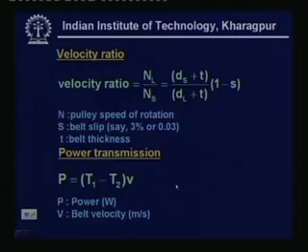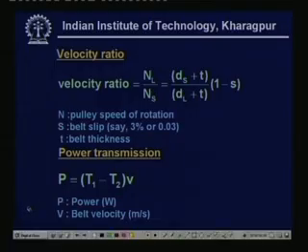Now, another two important situations that come into the picture are velocity ratio. This velocity ratio, sometimes also called the transmission ratio, is NL by NS, where N is the pulley speed of rotation, NS is for the smaller one, as you understand, and NL is for the larger pulley.